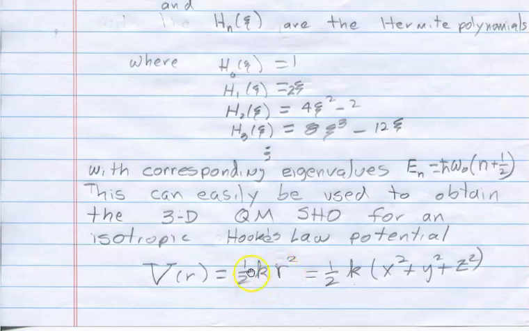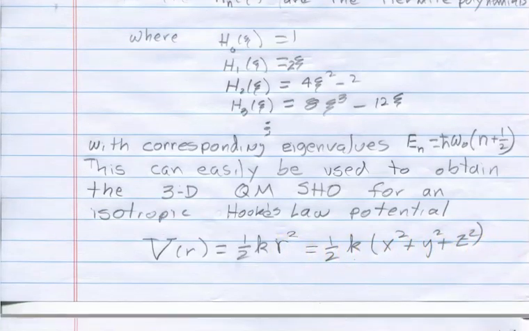As we've seen, we can always cast it into this form by an appropriate change of coordinate system. K is the spring constant, and r, in terms of Cartesian coordinates, is the square root of x squared plus y squared plus z squared. So r squared is x squared plus y squared plus z squared.